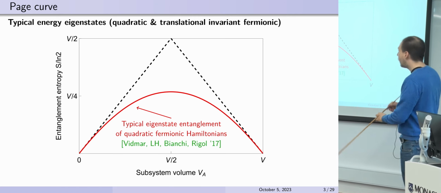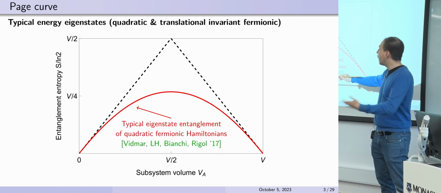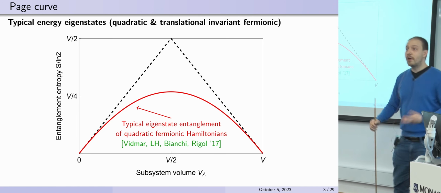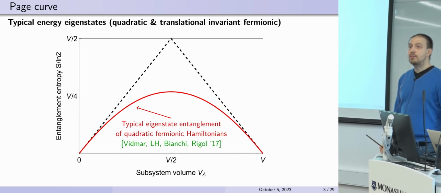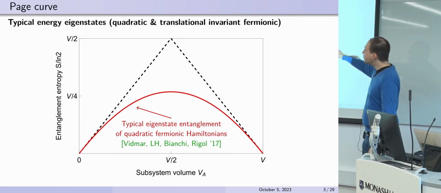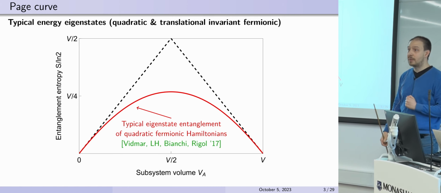And what we found was this curve, which for small subsystems looks very much like maximal, but for large subsystems, there's a big deviation from the behavior of a random pure state that's close to maximally entangled, okay?